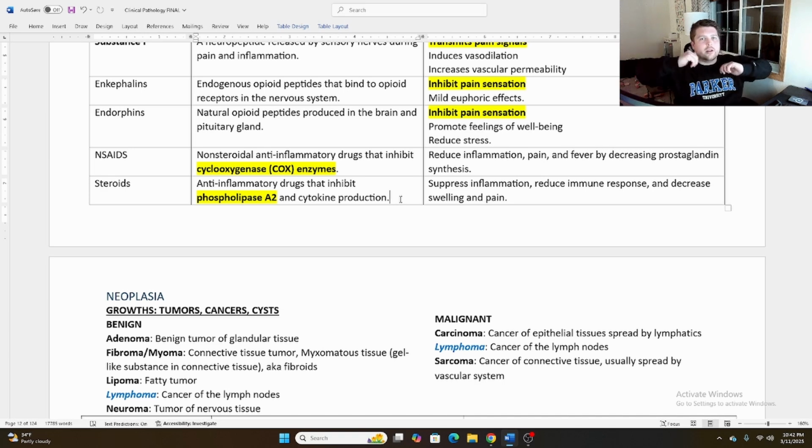So our thromboxanes, our prostaglandins, our prostacyclins, our lipoxins, a whole bunch of our inflammatory stuff stems from arachidonic acid, which is one of our essential fats. So inhibiting phospholipase A2 inhibits the release of arachidonic acid, which therefore inhibits a lot of our inflammatory response.